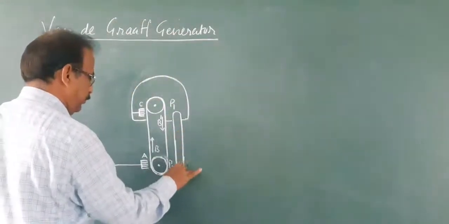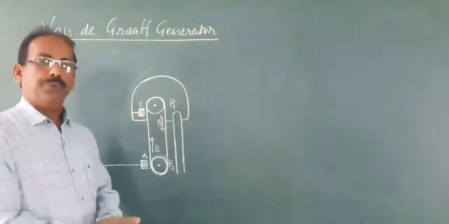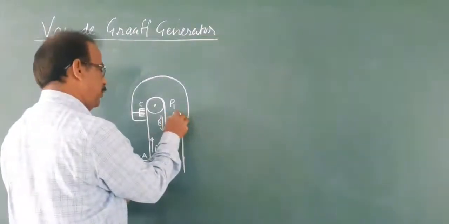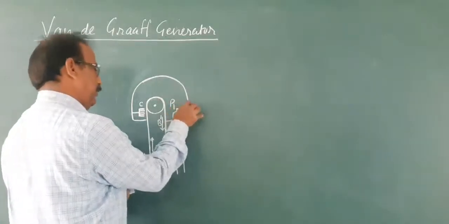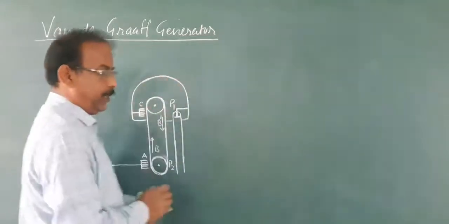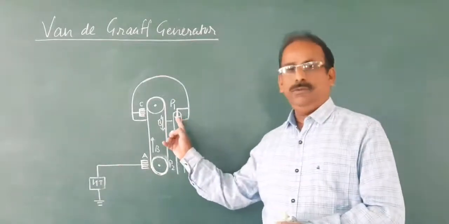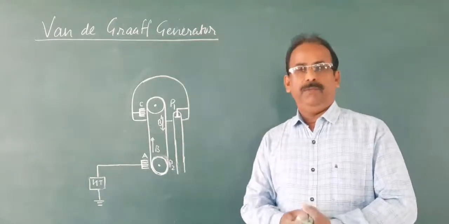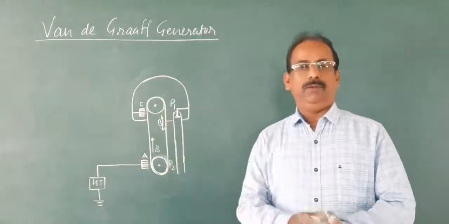This is a vacuum tube, in which one electrode is present, which is connected to this hollow conductor. This is a type of metal plate connected to the hollow conductor.